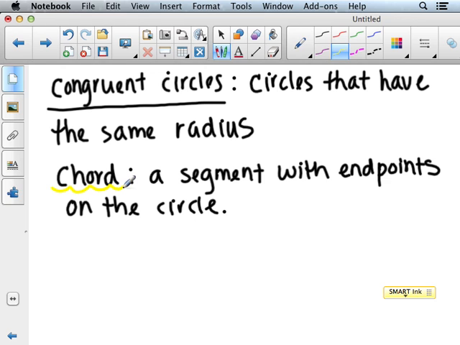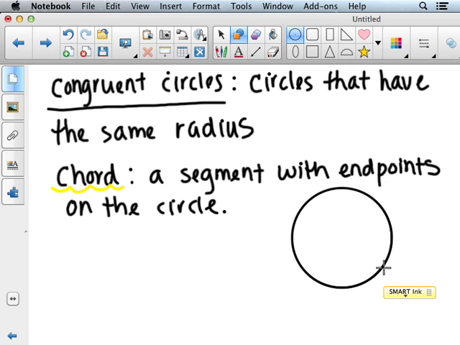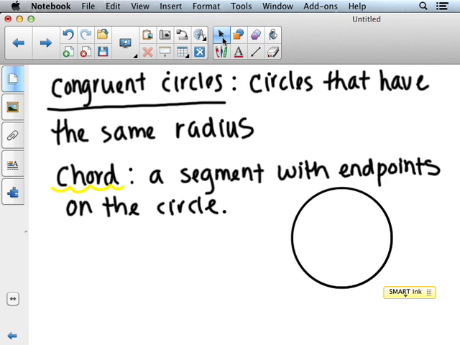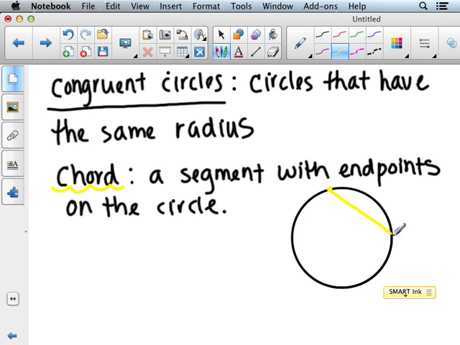So on your same circle, you guys can draw this. You don't have to draw a new one, but I'm going to draw a new one. So for example, this is a chord. Okay, the endpoints are here, and they're on the circle, so that makes it a chord.